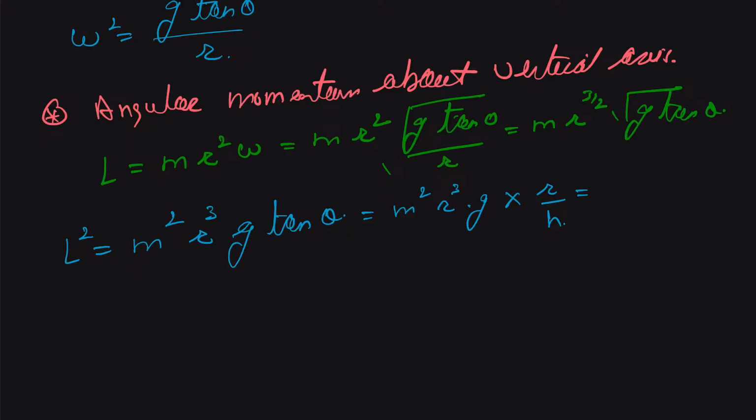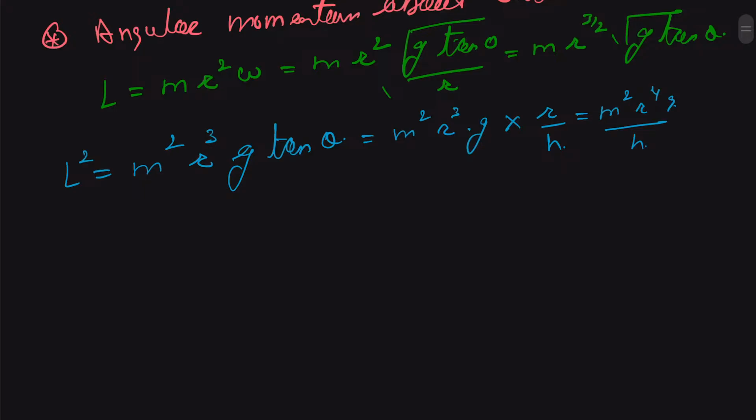So from here we get this as m square r times 4 g upon h. And we can rearrange it. Let me write it once again here. So we get L square is equal to m square r raised to power 4 times g upon h.